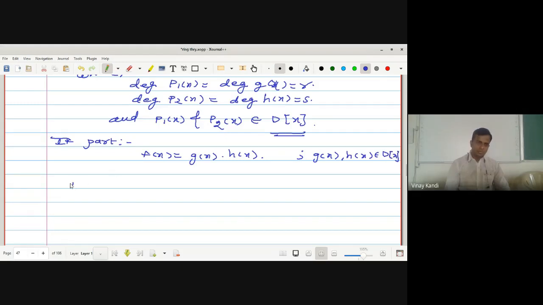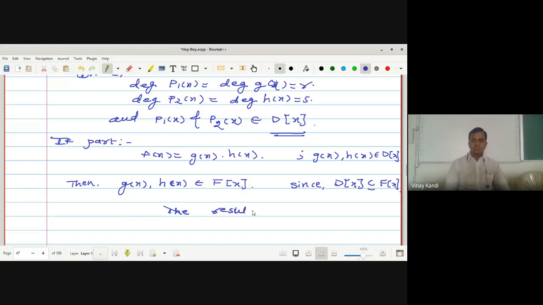Then g of x and h of x belong to capital F of x. Why? Since D of x is the subring of capital F of x. Hence the result is obviously true. The result follows.